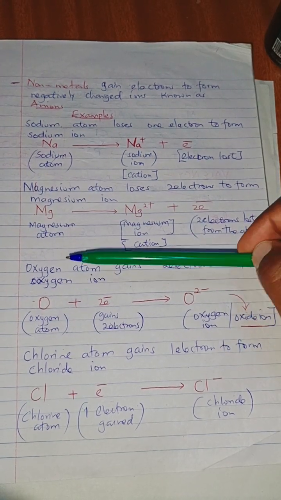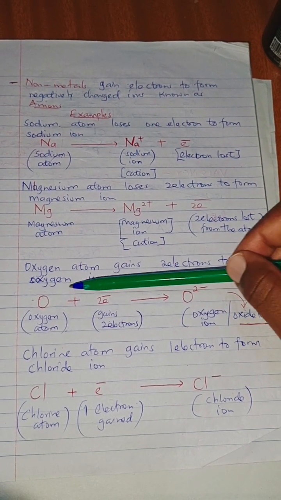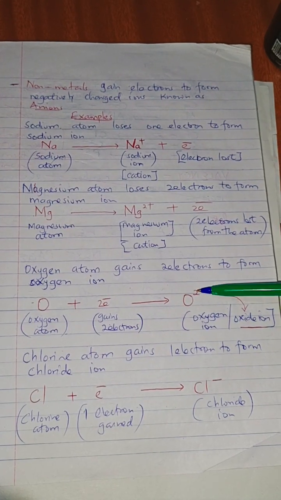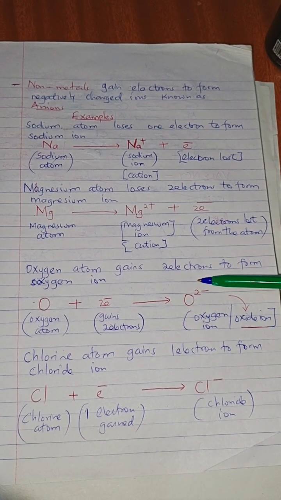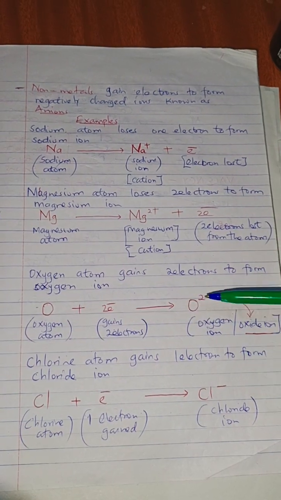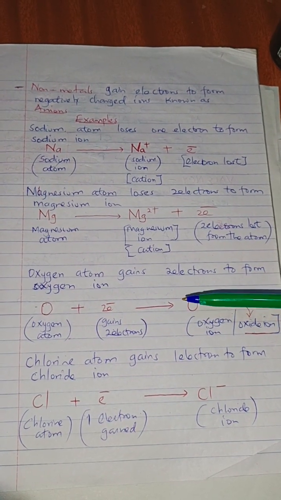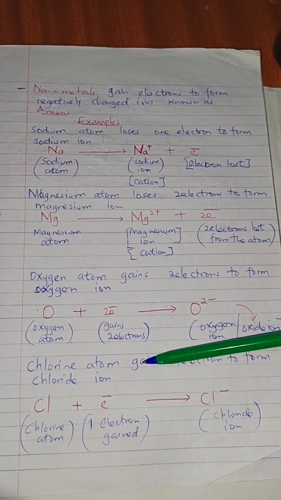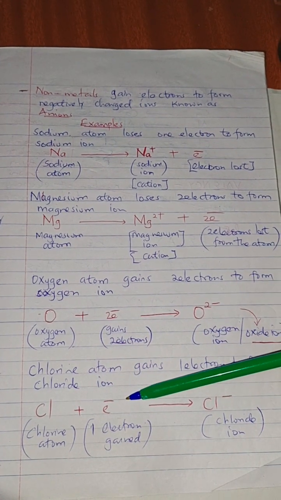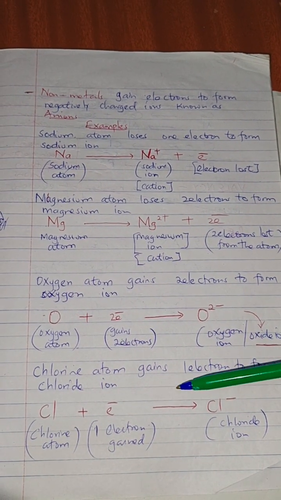Oxygen is a nonmetal. It gains. It takes the 2 electrons. Therefore, it forms an oxide ion or oxygen ion. So this is 2:6 and this is 2:8. Chlorine is a nonmetal. It gains 1 electron to form a chloride ion.